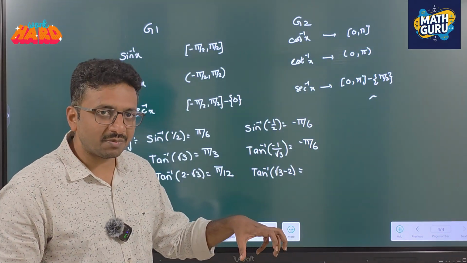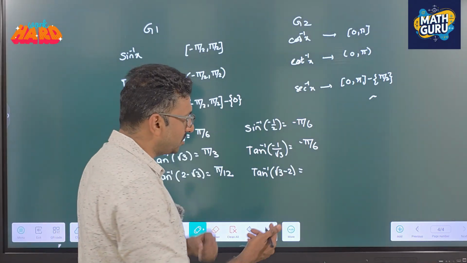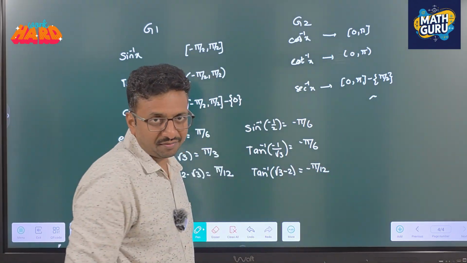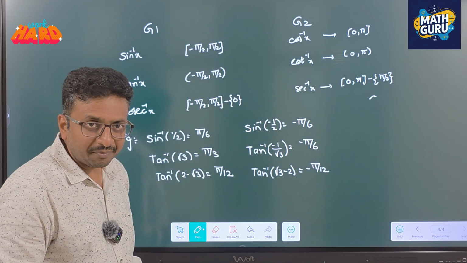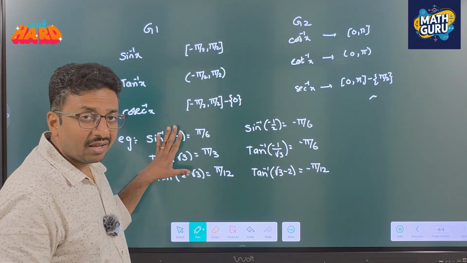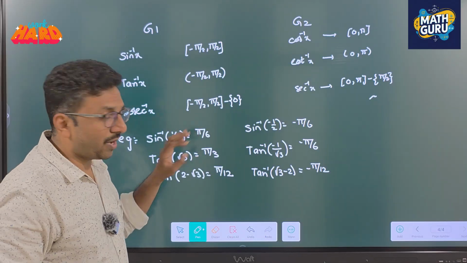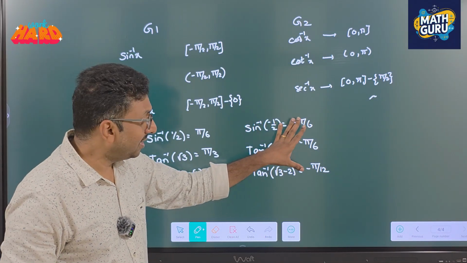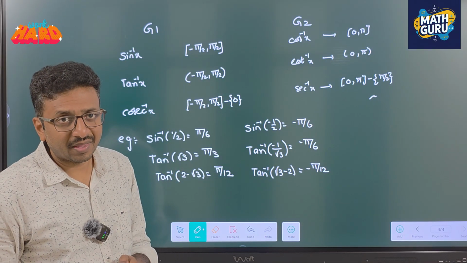Tan minus pi by 12 is minus of 2 minus root 3, which is root 3 minus 2. So minus pi by 12. Clear? So when positive numbers go inside the group 1 inverse trigonometric functions, you get positive angles as the answers. When negative numbers go inside, you get negative angles as the answers.